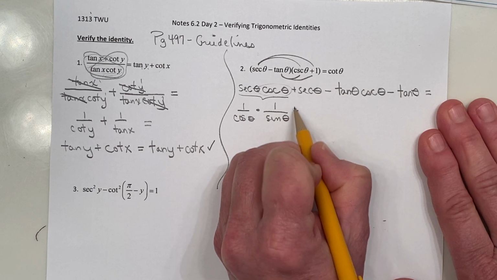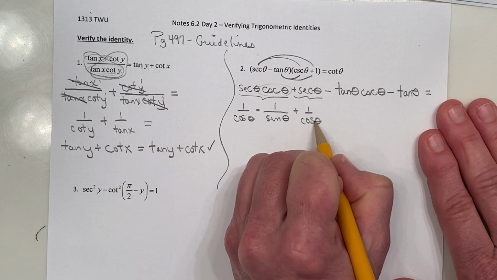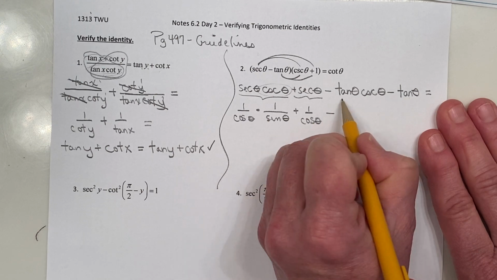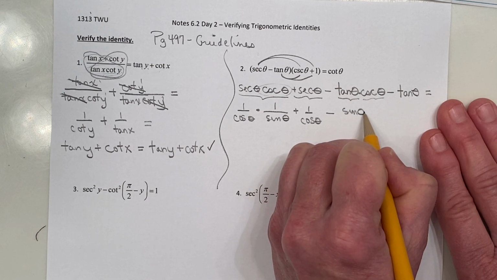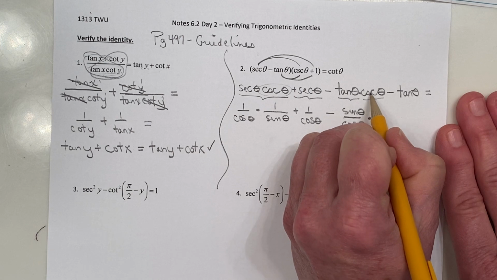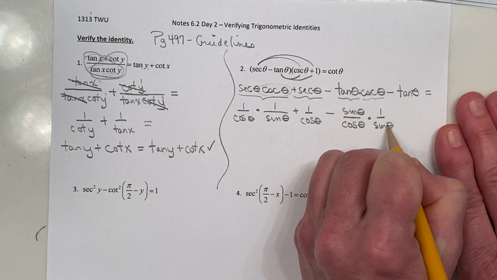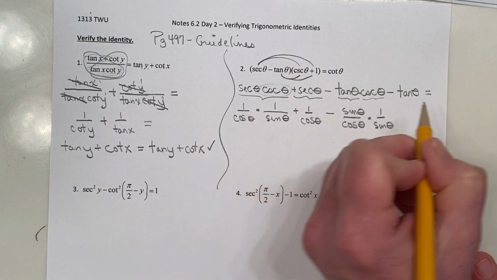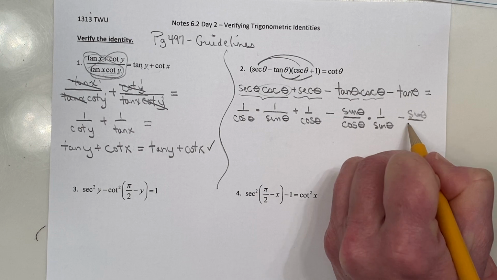Plus, this term is 1 over cosine theta, minus, I got another product here. So that's sine theta over cosine theta times cosecant theta, which changes to 1 over sine theta. And then here, I've got another sine theta over cosine theta.